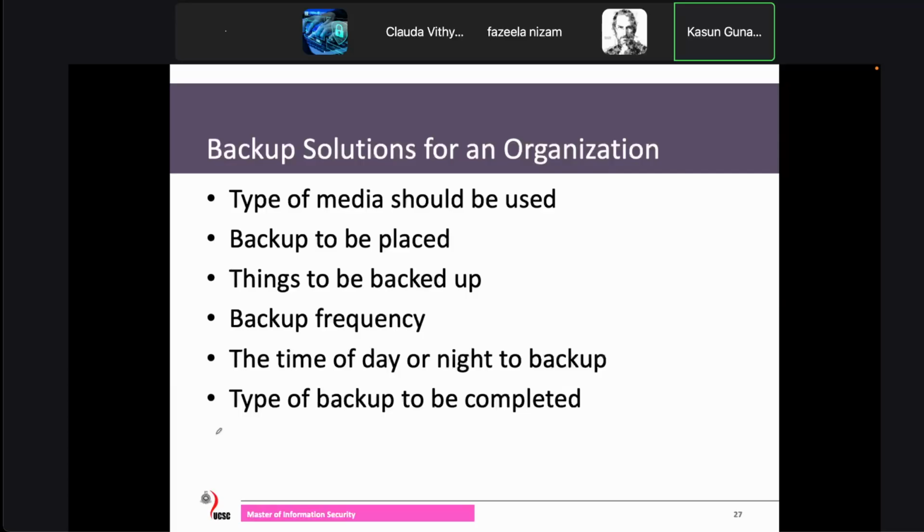Next thing is where are we going to keep this backup, or where is the backup to be placed? Backups should be saved in areas of the network other than the original data location. It is to avoid both the original and the backup copy being destroyed in a single incident or disaster.